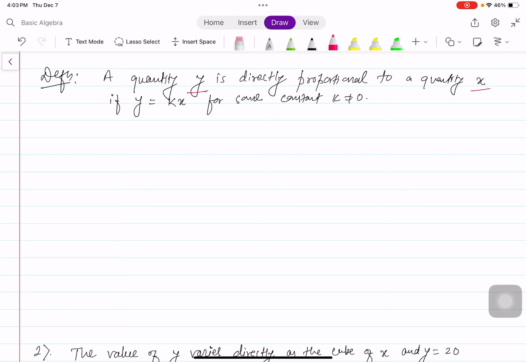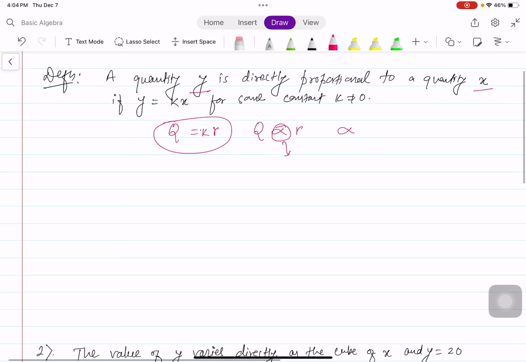So if we generalize this, if q is directly proportional to r, we can always write q equals k times r mathematically. So what does this imply? This implies that q is directly proportional to r, and you may see this relation in physics. This is a proportionality relation.